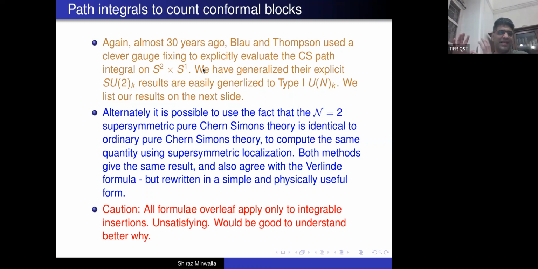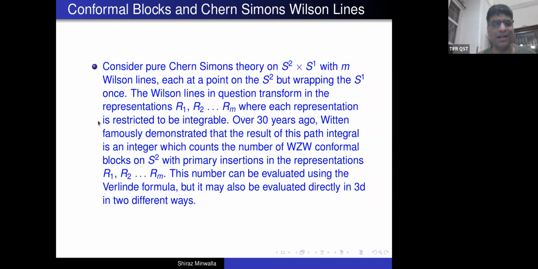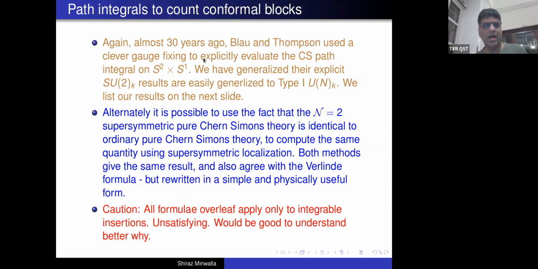We've generalized what they did in simple cases to the type 1 UNK theory of interest to us. Another way of doing the same calculation is to use supersymmetry. It's a lovely fact that supersymmetric N equals 2 Chern-Simons theory is actually physically identical to ordinary Chern-Simons theory, because the fermions that you have to add in the Chern-Simons action are non-dynamical and can just be integrated out.